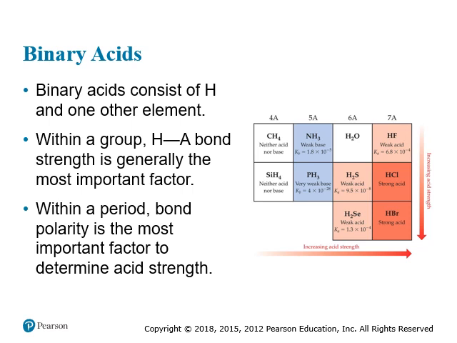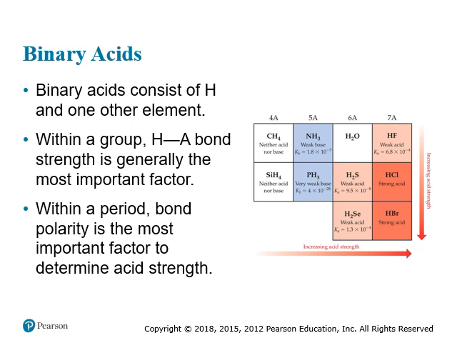Binary acids are acids that are made up of two elements. Obviously, one of them has to be hydrogen and another element. So when comparing acid strengths in binary acids, the HA bond strength is typically the most important factor. In a given period, for example, looking at the halogens, we see that bond polarity is the most important factor to determine acid strength.